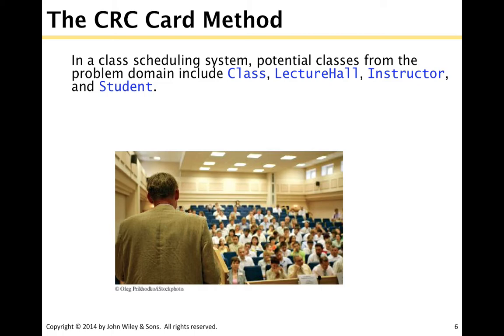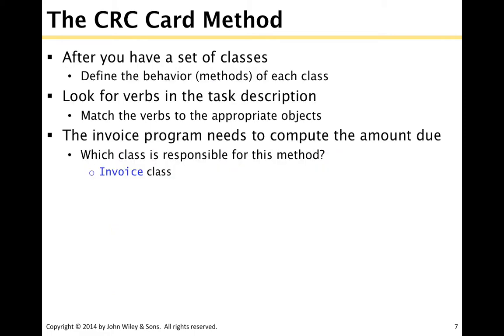For another example, suppose you are going to write a class scheduling system, then potential class candidates from the description, by identifying nouns, could be class, lecture hall, instructor, and student, and many other things. After you have a set of classes, now define behaviors, which are the methods of the class.